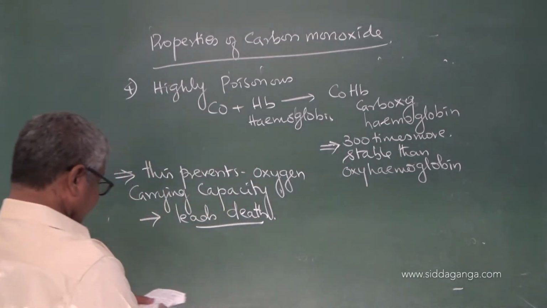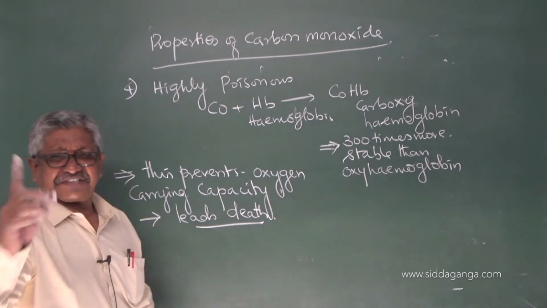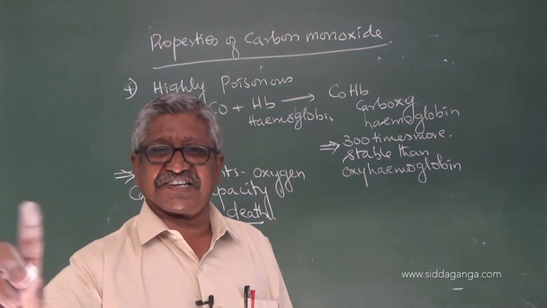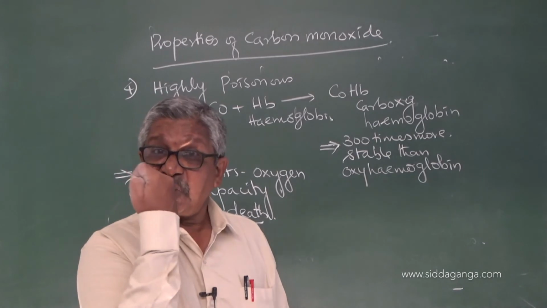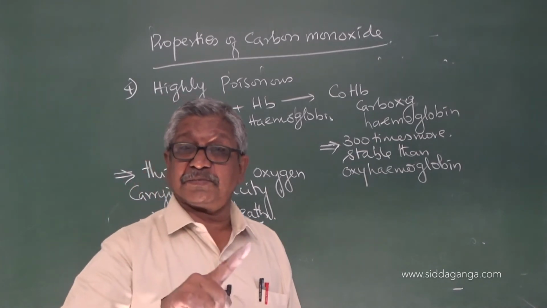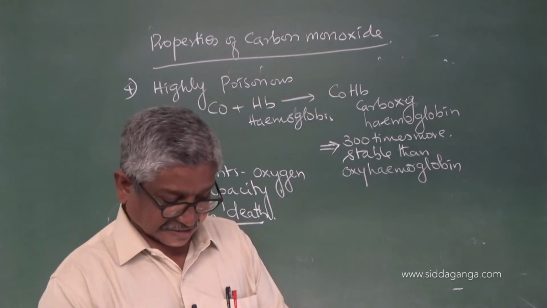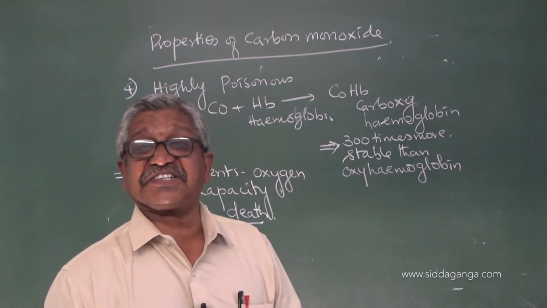As I already told, water gas is carbon monoxide plus hydrogen gas, and producer gas is carbon monoxide and nitrogen gas. These two are used as important industrial fuels.